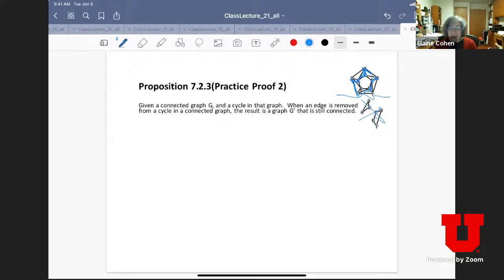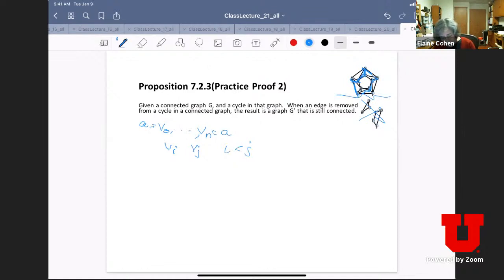Yes, we have X and Y be vertices in G prime and show they're connected. You're right. So suppose we have a cycle here. Say I have A equal to V0, dot, dot, dot, up to Vn, which is also equal to A. Pick any two vertices in that cycle. So suppose I pick a Vi and Vj such that i is less than j.